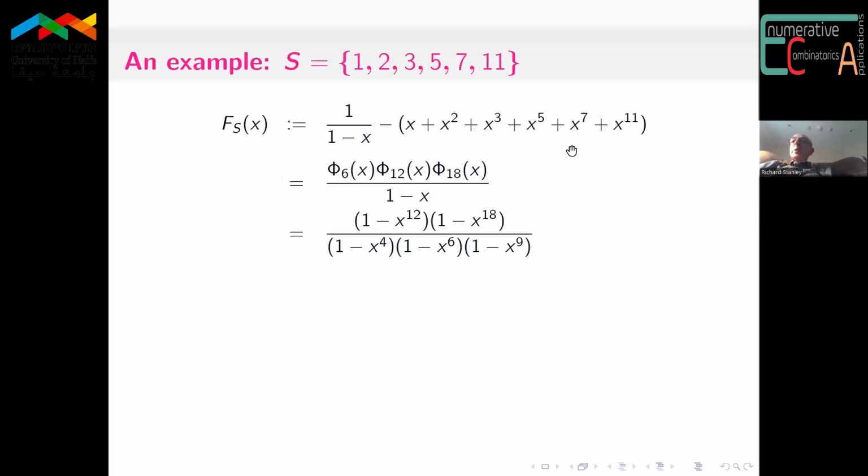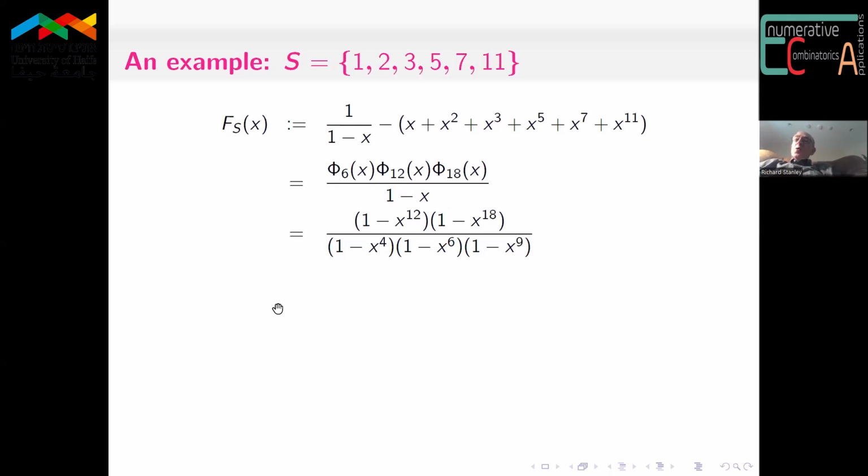But here's a more complicated example. S equals 1, 2, 3, 5, 7, and 11. Just coincidentally, 1 plus the first 5 primes. My f_S of x is this, and if you work it out, somewhat of a miracle, but it's P6, P12, P18 over 1 minus x.